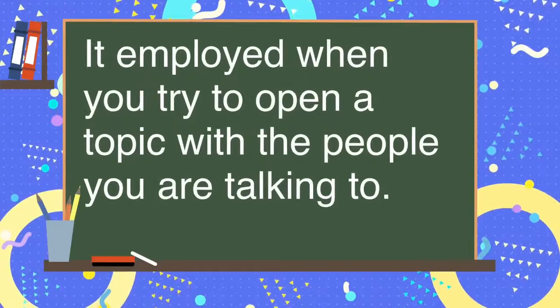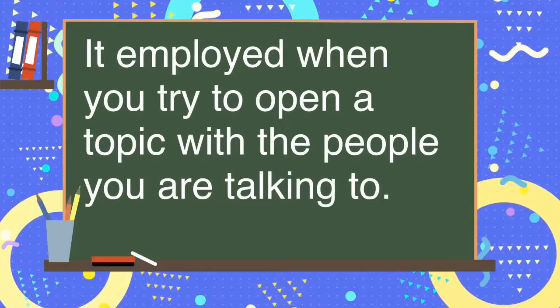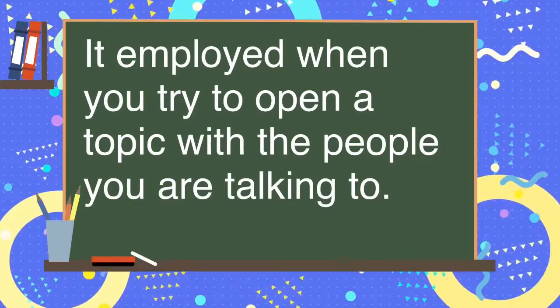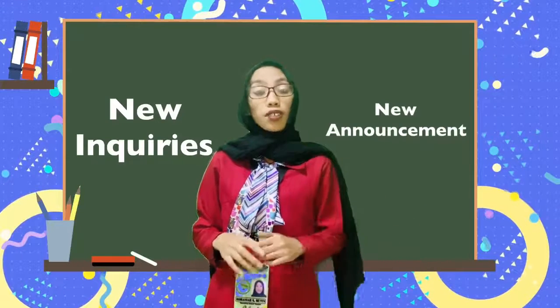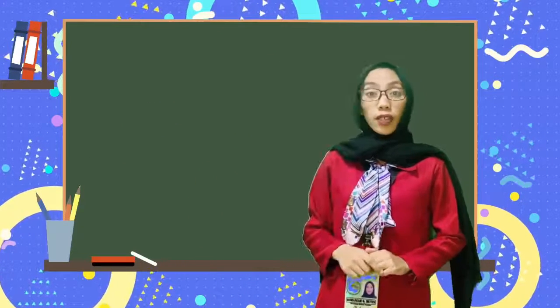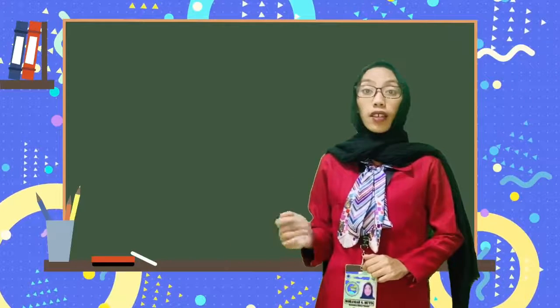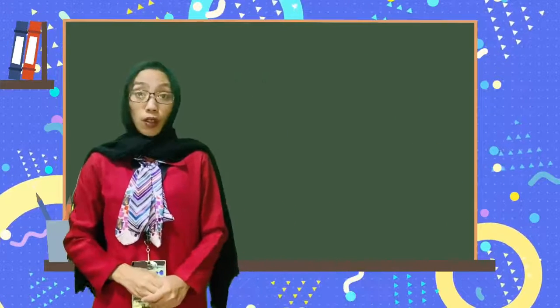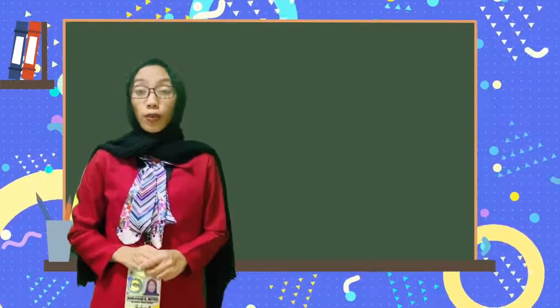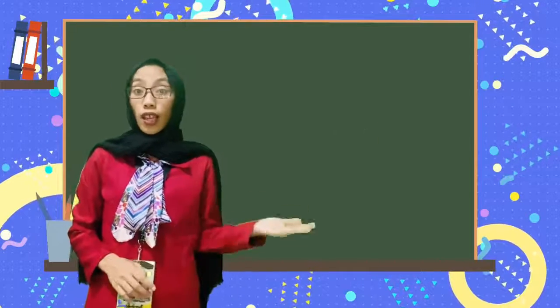It's employed when you try to open a topic with the people you are talking to. You may start off with new inquiries and new announcements as they promise extended talk. This could signal the beginning of a new topic in the conversation. Another example is when you are going to ask information from someone, just like your teacher.